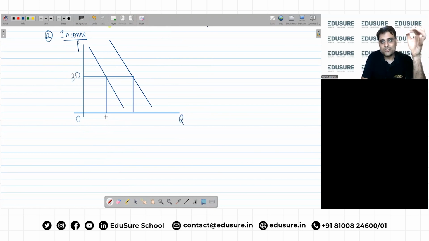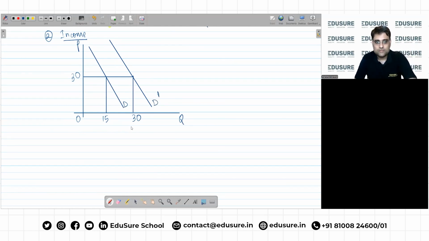If I was earlier consuming say 15, now I'm consuming 30 because my income has doubled. This is my demand earlier, this is my new demand. So as you can see in this figure, with the increase in income, the demand curve is shifting parallelly to the right.